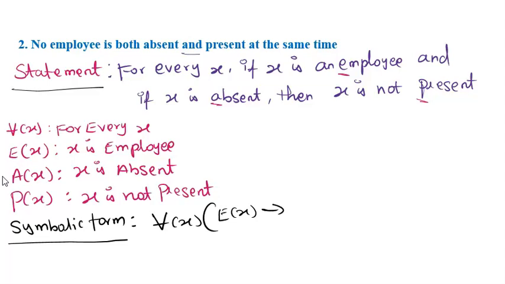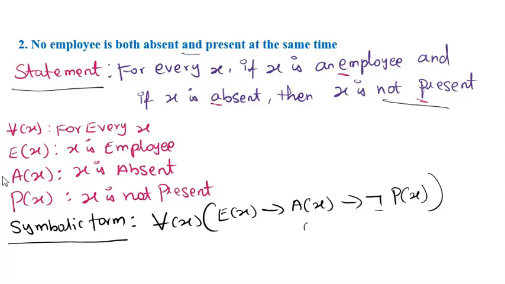And if x is absent, A of x, then implication, not absent, then P of x, that means not present. So E of x is employee, A of x is absent, P of x is not present. You have to bring the not symbol here, close bracket.